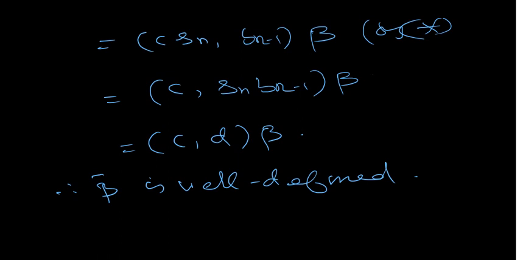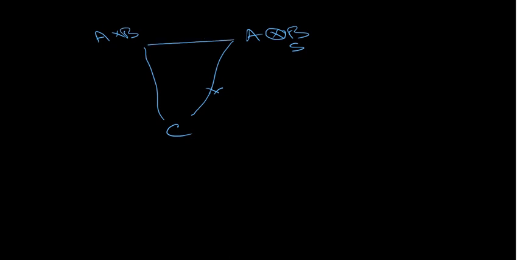And this diagram obviously commutes, we need to verify that this diagram commutes actually. This is C here, this is A tensor B over S, this is A cross B, and this is tau natural, this is the beta tilde that you have seen, and this is the map beta.